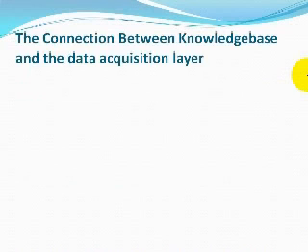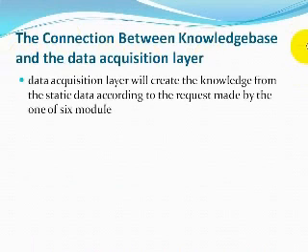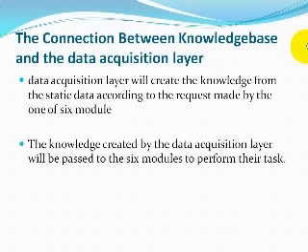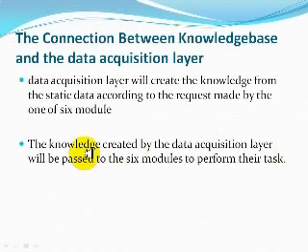Now let's consider the connection between the knowledge base and the data acquisition layer. The data acquisition layer will create the knowledge from the static data according to the request made by one of the 6 modules. The knowledge created by the data acquisition layer will be passed to the 6 modules to perform their tasks.